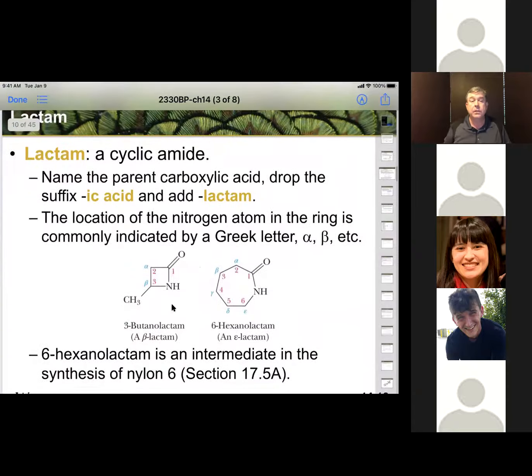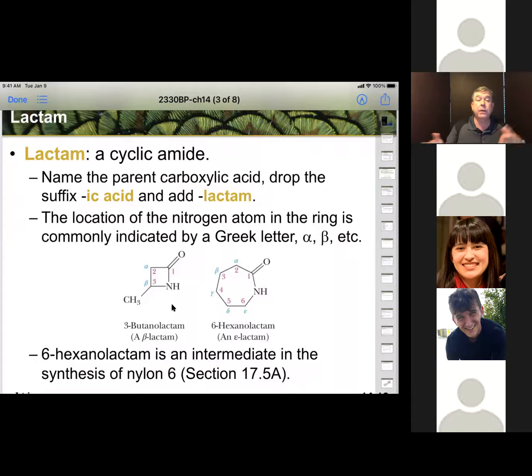Just like we could name the cyclic ester differently, we name cyclic amides lactams, instead of lactones for the carboxylic acid esters. And we do what we've done with the other ones: drop the ic acid and add the word lactam. So it's butanolactam, hexanolactam.